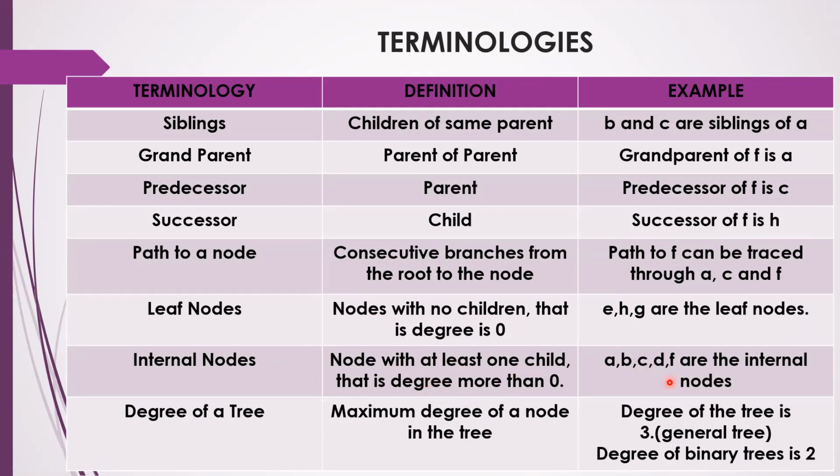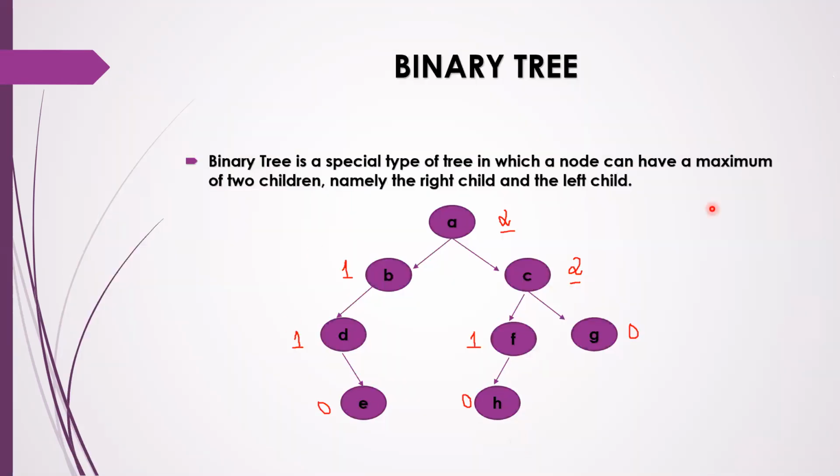So A, B, C, D, F all are internal nodes other than the leaf nodes. And degree of a tree is the maximum degree of a node in the tree. So first we have to find individual nodes' degree, and then find the maximum from all the degree values. Which is maximum in this tree? It is 2. So the degree of this complete tree is 2.